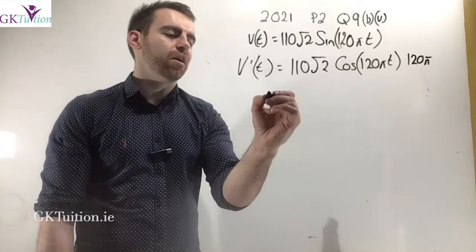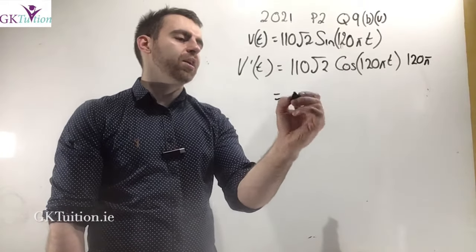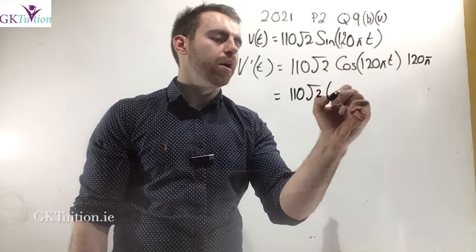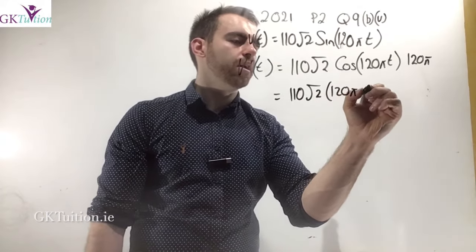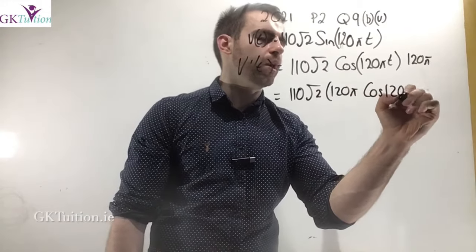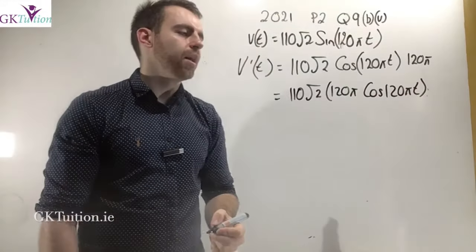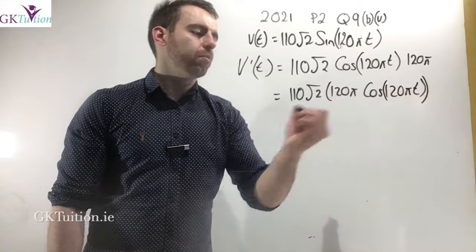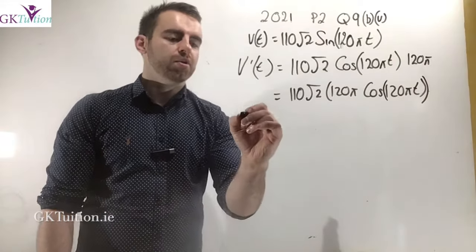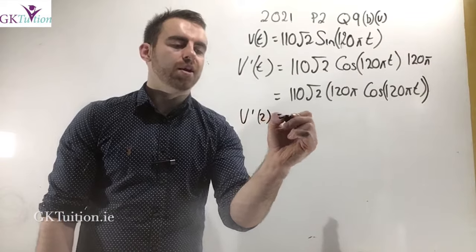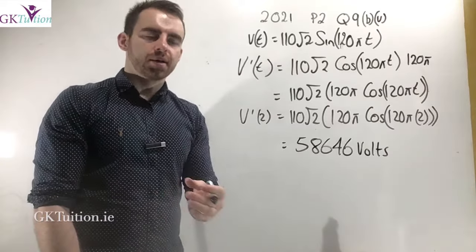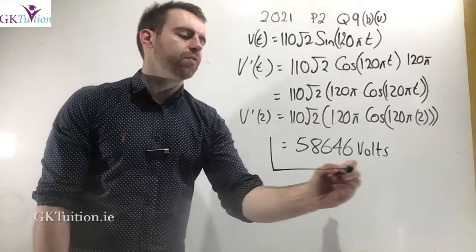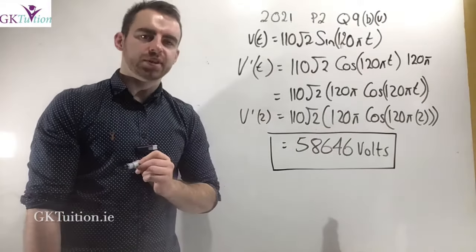So in this case, I might just rearrange this. Realistically, we might write it as 110 root 2 times 120 pi cos 120 pi t. And now all we need to do in order to get the marks here, we just need to sub in t is equal to 2. So all I did here was I subbed in, instead of a t, I subbed in a 2, and my final answer is 58,646 volts.